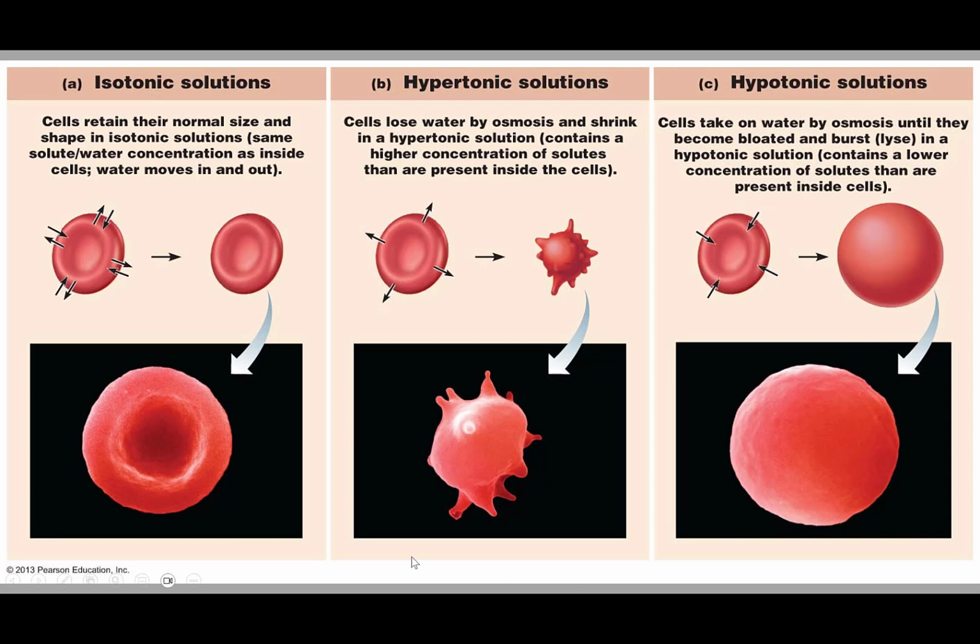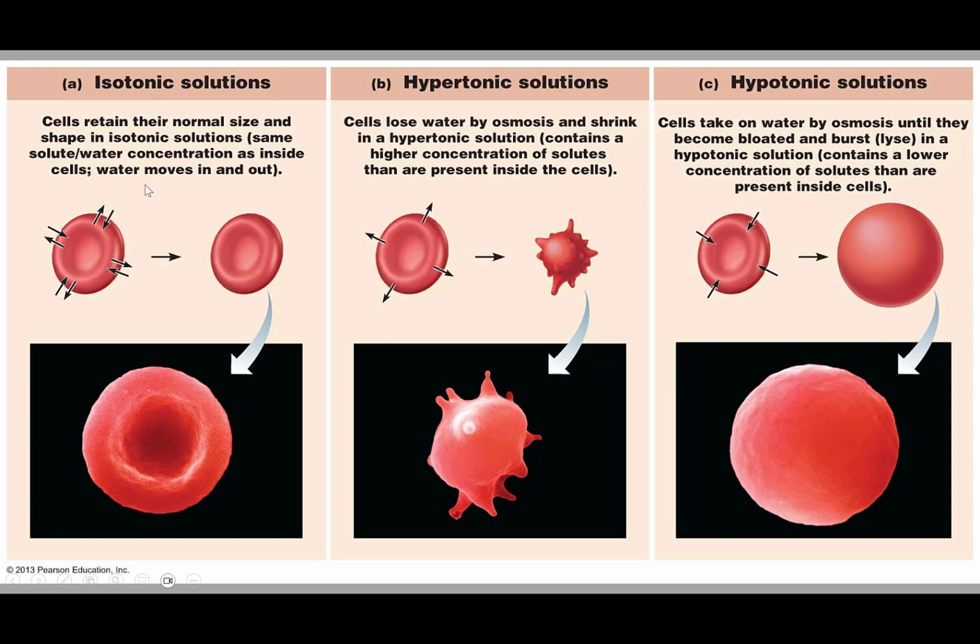If we were to take a blood cell, we see an erythrocyte here, and drop that cell into a solution that is isotonic to it, we say drop it into an isotonic solution, which I don't really like, because even though we say an isotonic solution, we are implying that it is isotonic to our body.